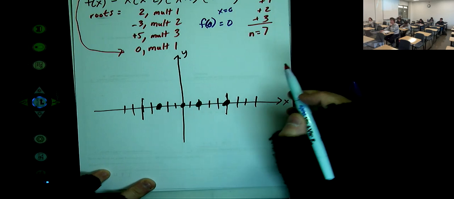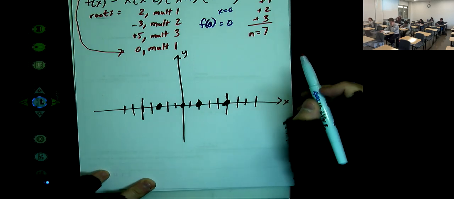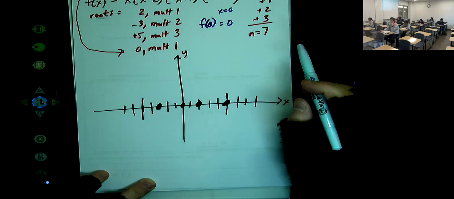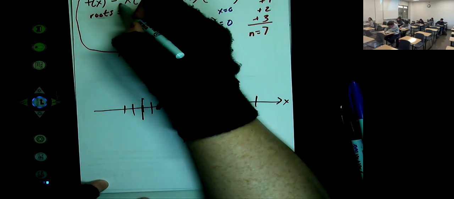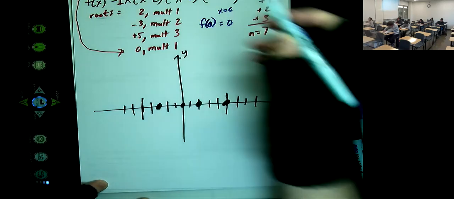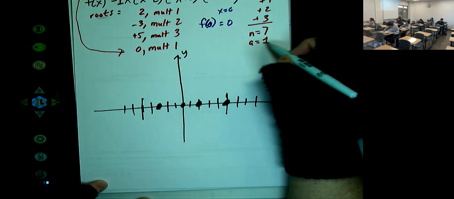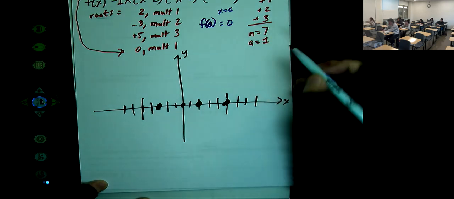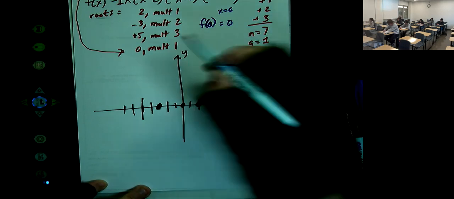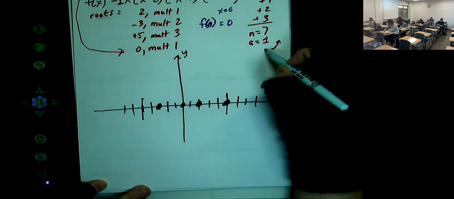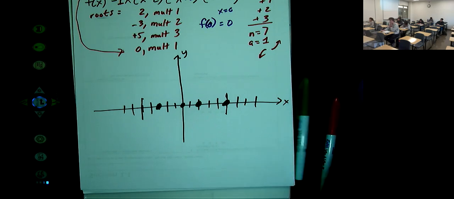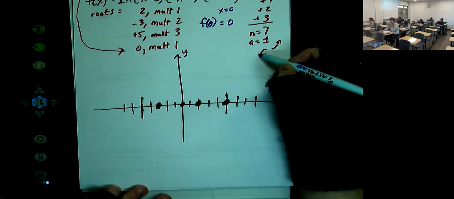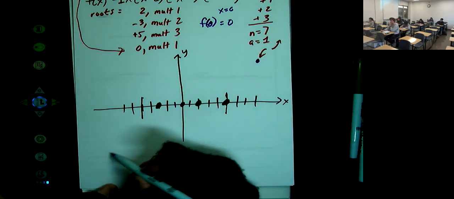If I multiply all the x's together, I'm going to have x to the 7th power, and the number in front, a, is 1. Which means I've got an odd degree, so I'm going to put my right hand up, left hand down. I don't know where it's gonna end up, but it's somewhere over here, and I'm gonna have something going on over here.